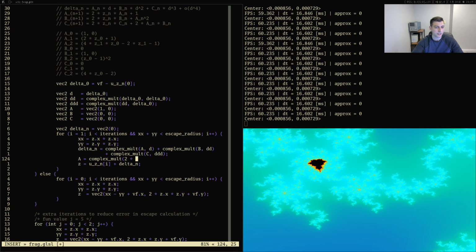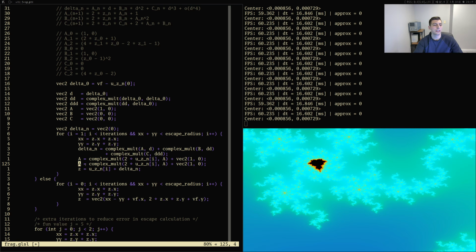So 2 times this one, and A plus vec2 1 0, and then B is 2 times Zn times B plus complex mult this.